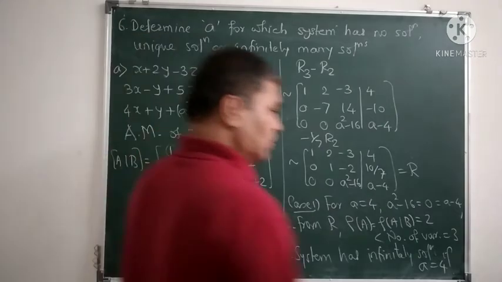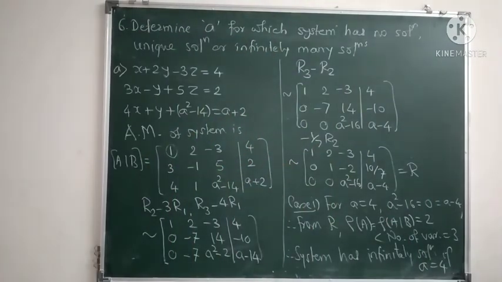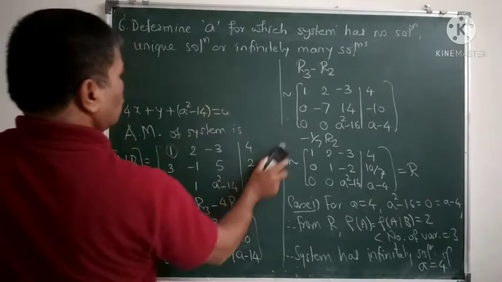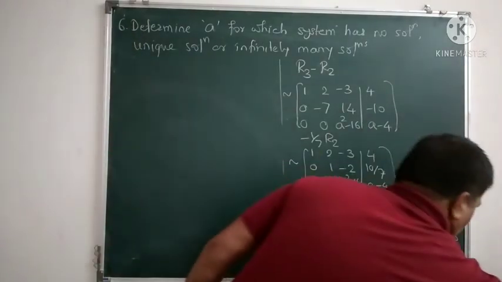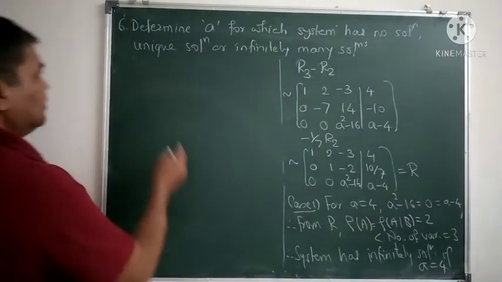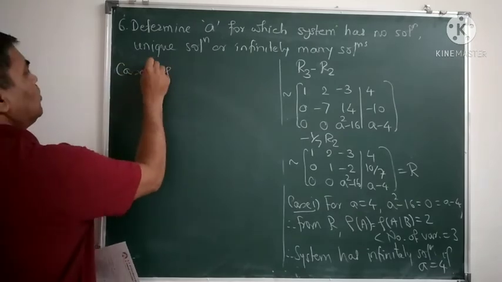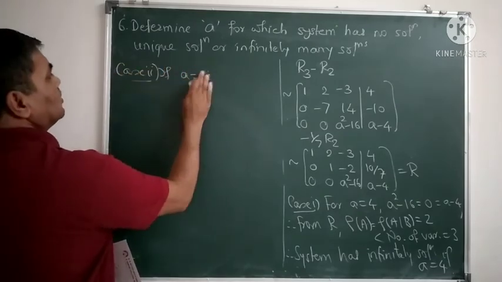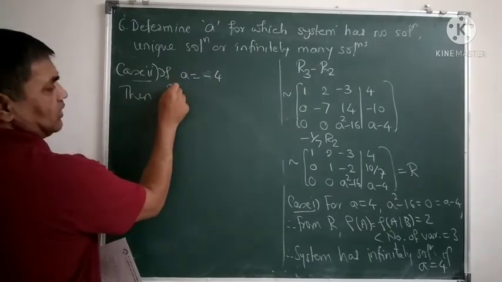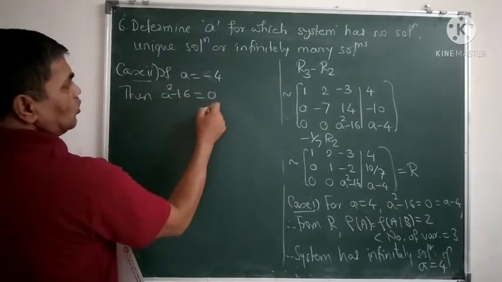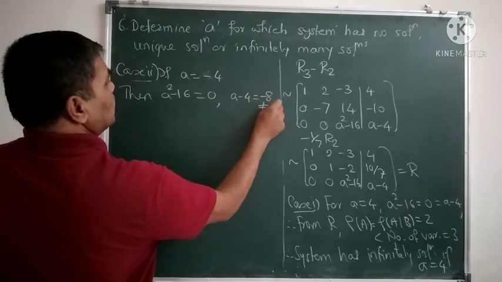Now case 2: if a is equal to minus 4, then a square minus 16 is 0, but a minus 4 will become minus 8, not equal to 0.